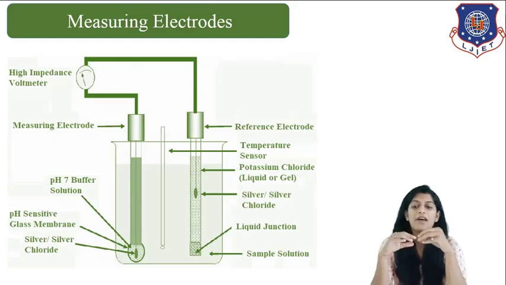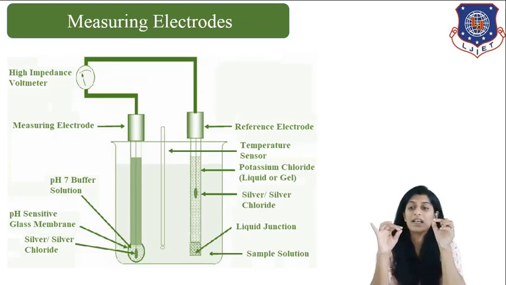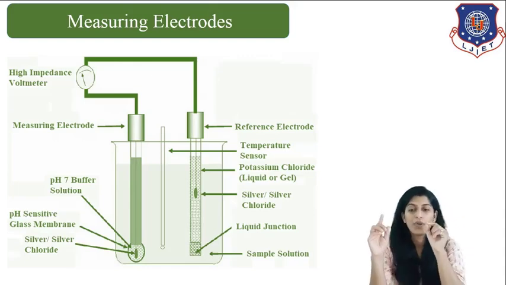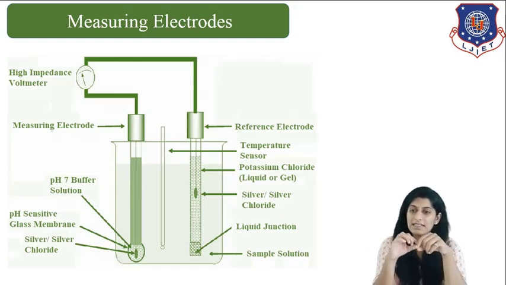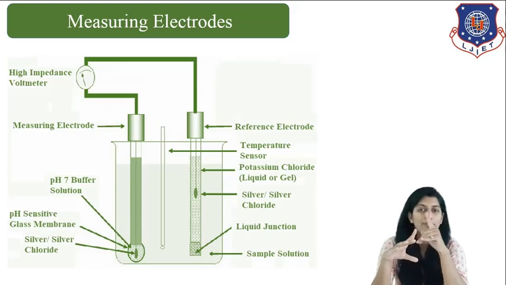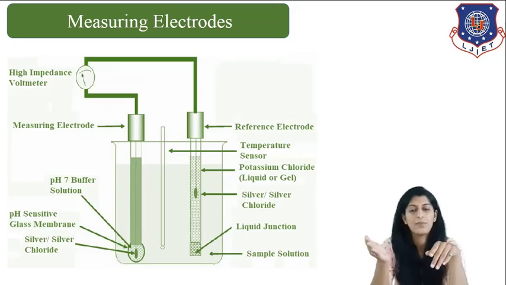Now, coming to the reference electrode, it has a silver wire again, and it is dipped into a sample where we need to determine the pH. We will be connecting both electrodes with a connecting assembly, and once we connect both, due to the potential difference in both assemblies, there will be a flow of electrons from one point to another.